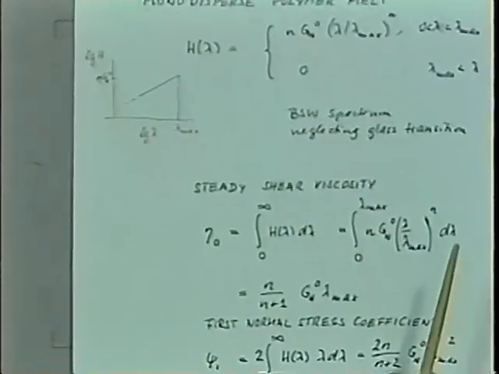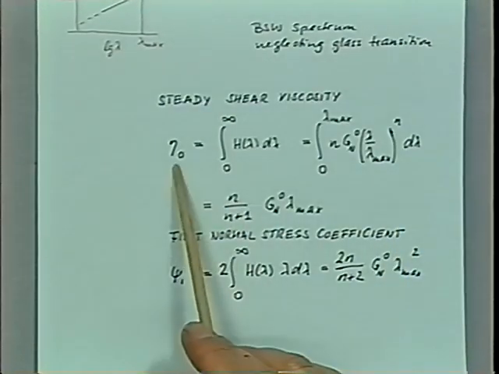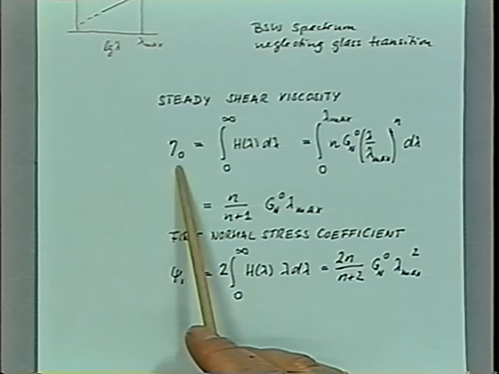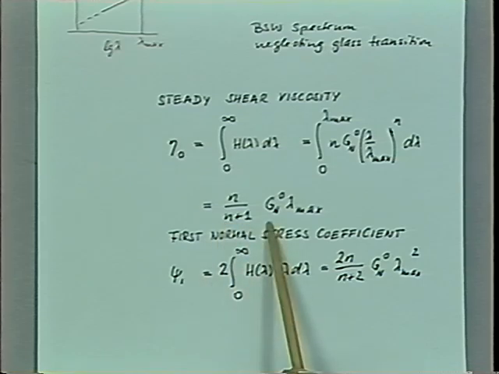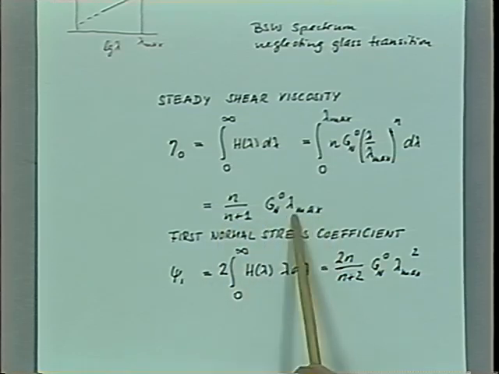This h of lambda now is introduced to get the zero shear viscosity of a monodispersed linear flexible polymer, and that's calculated as n over n plus 1 times the modulus times the longest relaxation time.